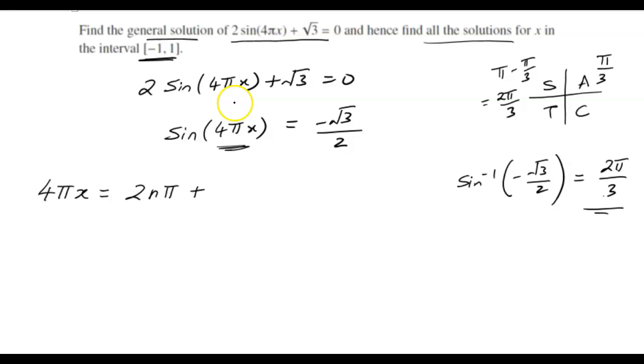So this is the same as the sine inverse of the answer, which we've just figured out is equal to 2 pi on 3. So I'm just going to make it 2 pi on 3.